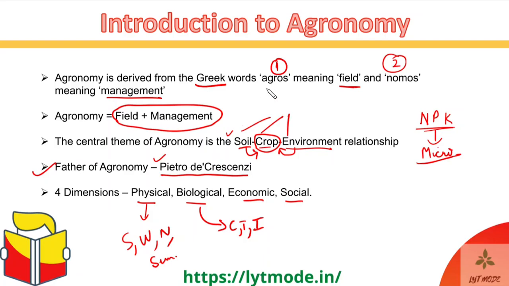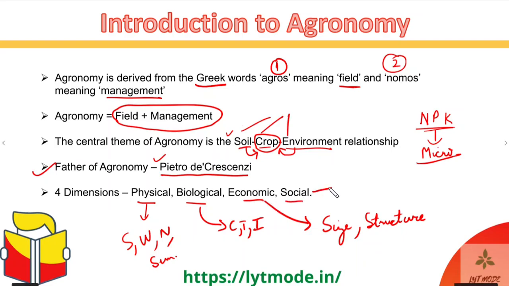Then come the economic factors. Economic is the ones wherein the farm structure. So economic is basically the money factor, and the money factor will actually affect the size of the farm, the structure of the farm, as in if you can use, let's say, mechanized farming wherein you can use tractors and all, or if you are still relying on the primitive kind of methods. So all of those come under the economic ones.